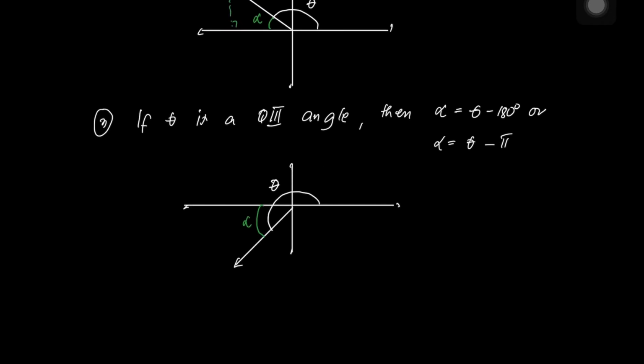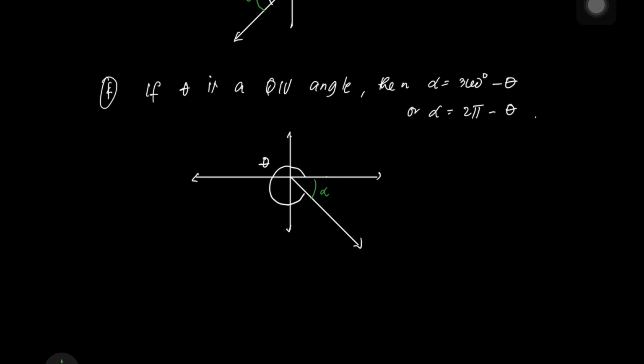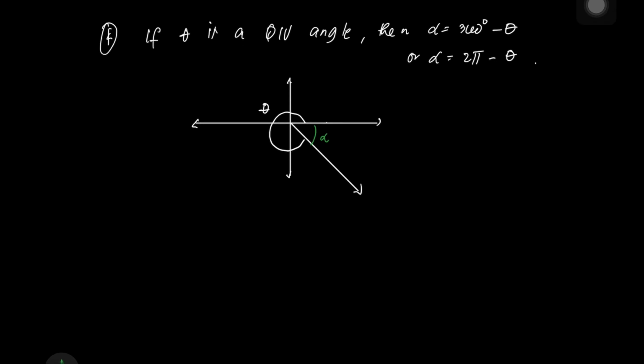For the third case, if theta is a quadrant 3 angle, then alpha is theta minus 180 degrees, or theta minus pi. For the fourth case, if theta is a quadrant 4 angle, then alpha is 360 degrees minus theta, or 2 pi minus theta.